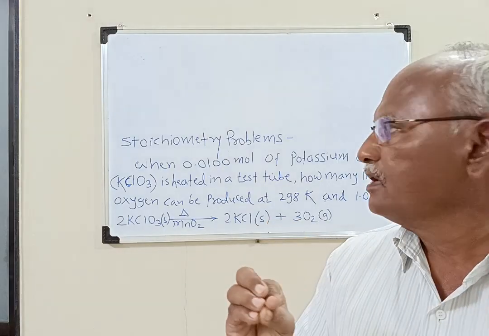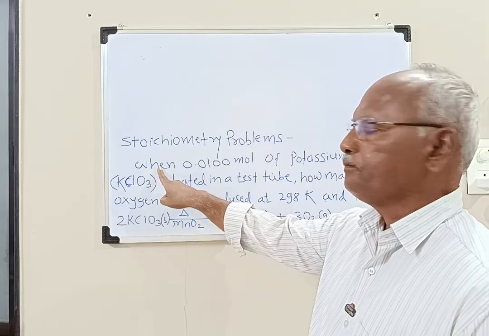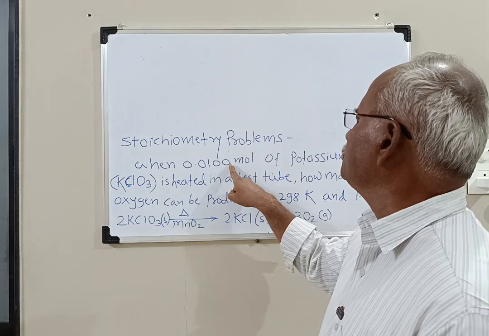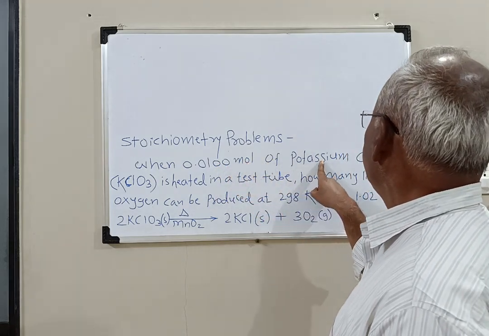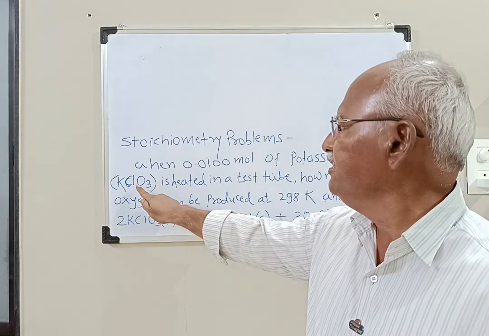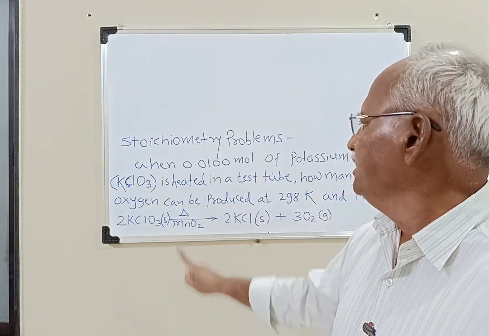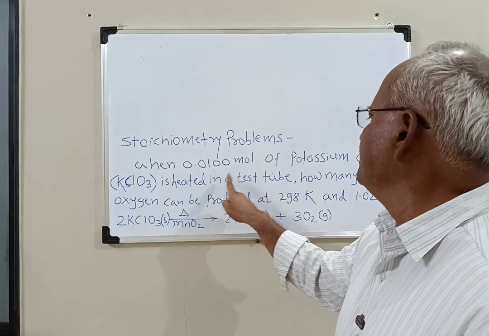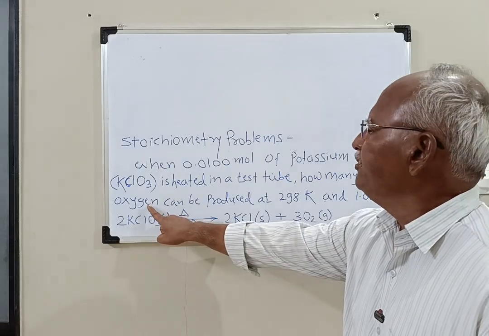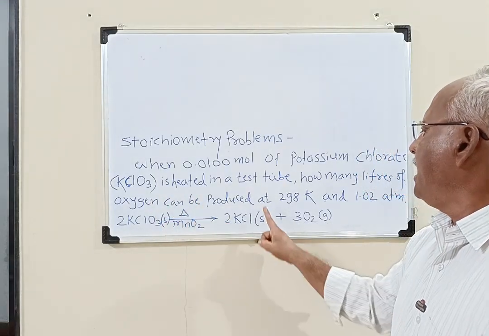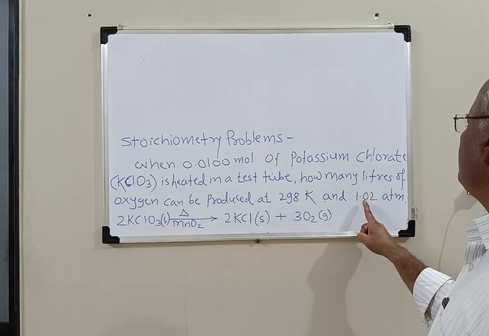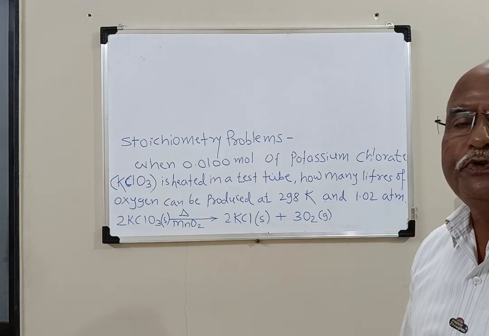The problem reads like this: when 0.0100 mole of potassium chlorate, the formula of which is KClO3, is heated in a test tube, how many liters of oxygen can be produced at 298 Kelvin and 1.02 atmosphere?